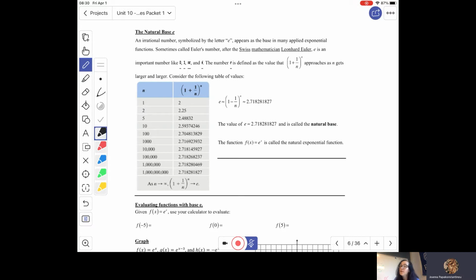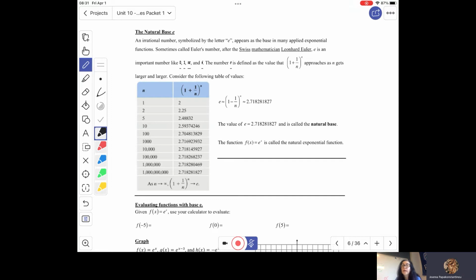So e is a very special number, just like i, just like pi. They're very meaningful numbers. And Leonhard Euler actually was the first to recognize and explain what e is. e is a very important number. It is known as the natural number, just like i is your unit imaginary number.